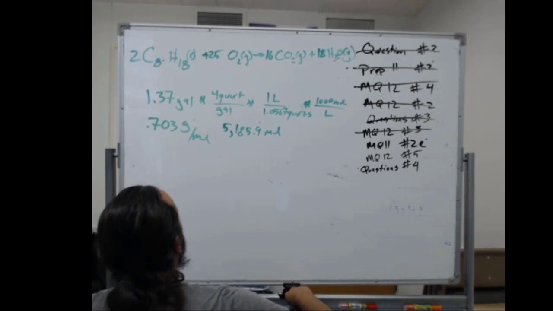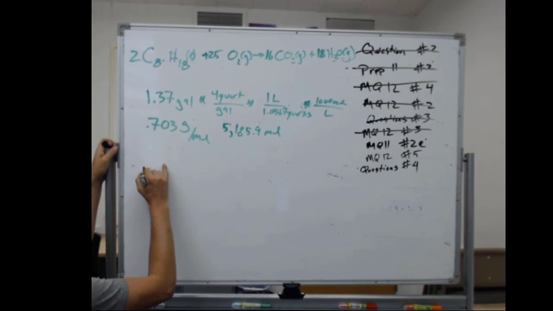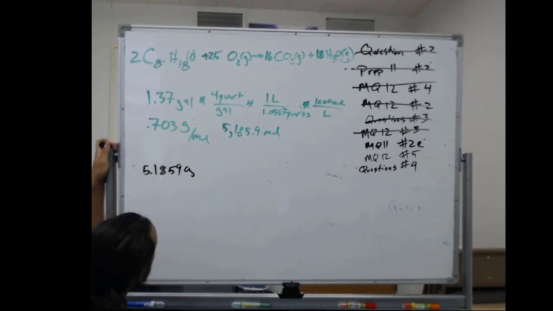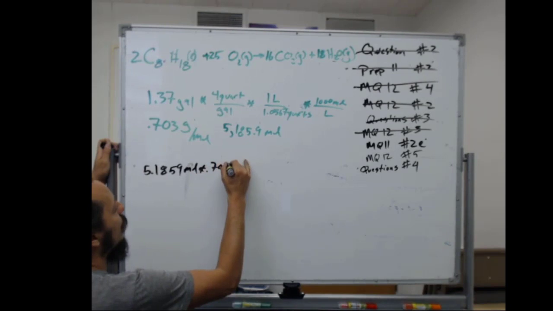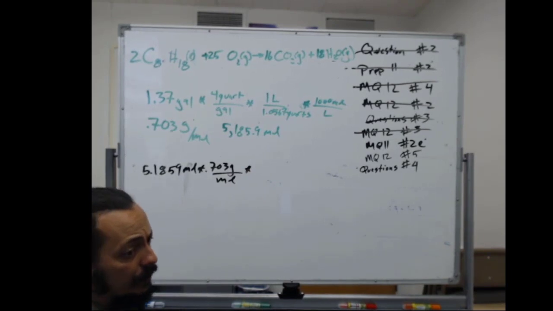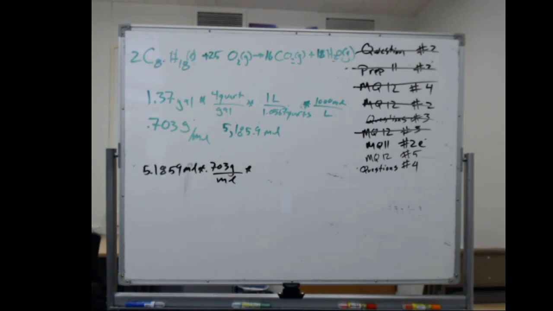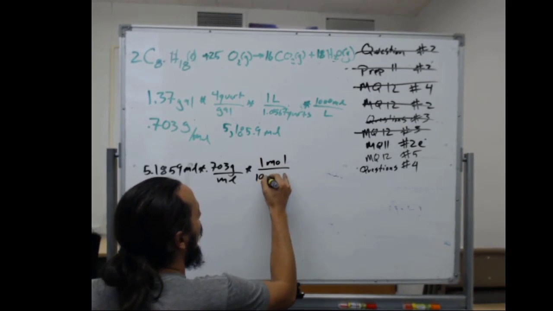Let's go for it. So I'm going to go ahead and do 5,185.9 milliliters times 0.703 grams per milliliter. And then I'm also going to go ahead and multiply by the molecular weight of octane, which is going to be 8 times 12 plus 18, which is 114. 1 mole per 114 grams.